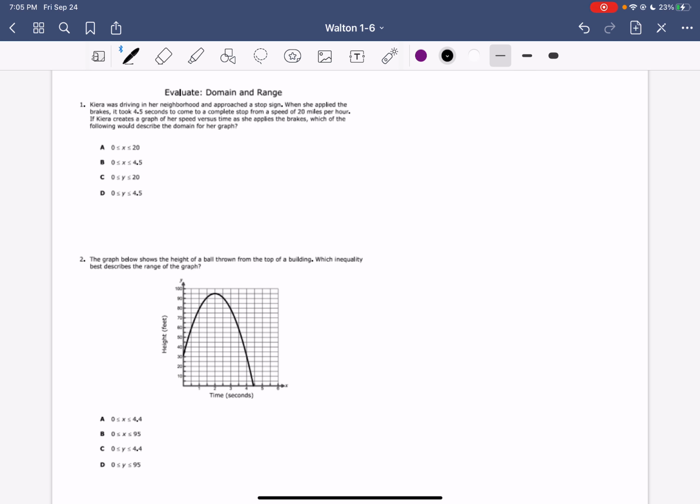So Kiara was driving in her neighborhood and approached a stop sign. When she applied the brakes, it took 4.5 seconds to come to a complete stop for a speed of 20 miles per hour. If Kiara creates a graph of her speed versus time as she applies the brakes, which of the following would describe her domain for her graph?